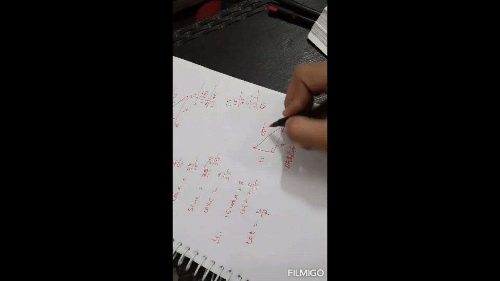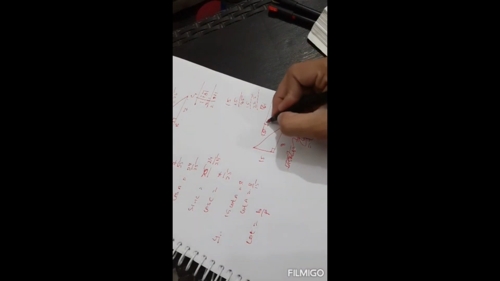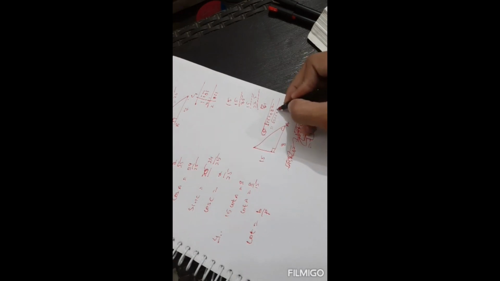So this one equals 15 square plus 8 square equals 225 plus 64, and this will become 17. Okay, now you can find the value of other quantities.